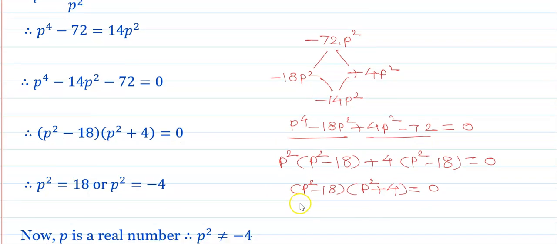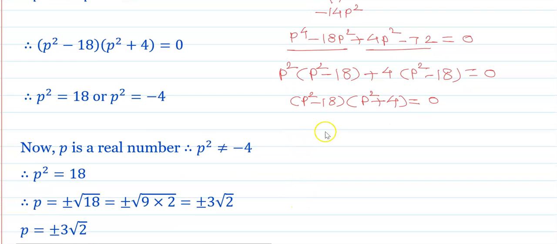Okay. Therefore p square minus 18 is equals to 0, or p square plus 4 is equals to 0. Therefore p square is equals to 18, or p square is equals to minus 4.